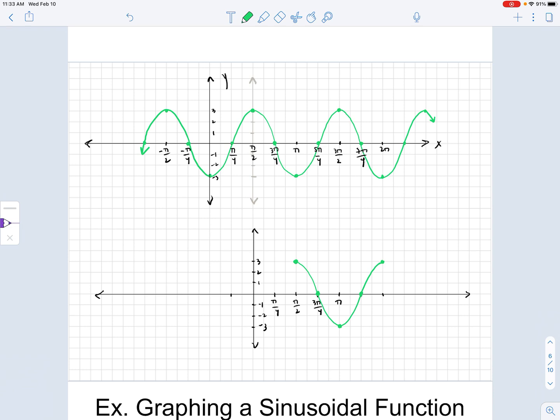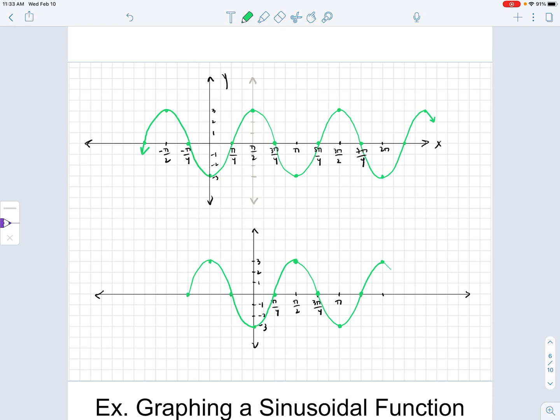So then you can graph the 1 period, and you can follow the pattern and extend the graph as far as you need it to go. So when no domain is stated, it means over all real numbers.